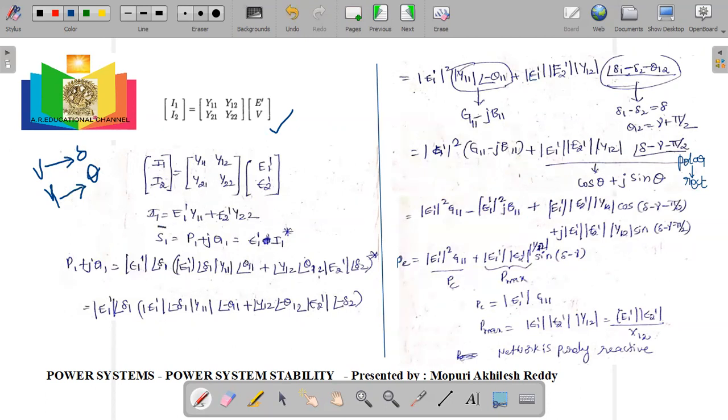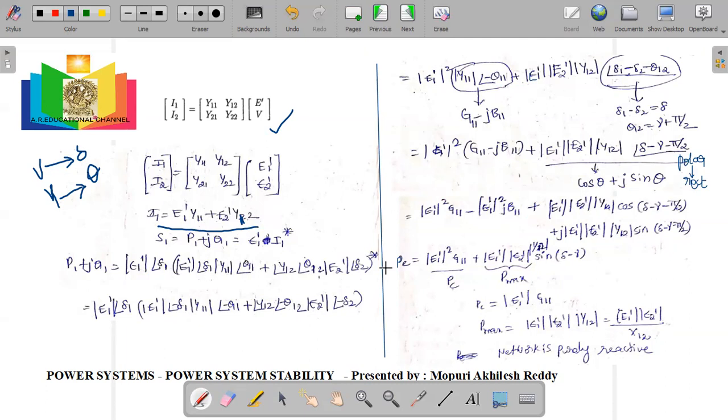Just now we had got I1 here. So E1 dash at an angle of del 1, Y11 at an angle of theta 11 plus Y12 at an angle of theta 12 into E2 dash at an angle of del 2, whole conjugate.